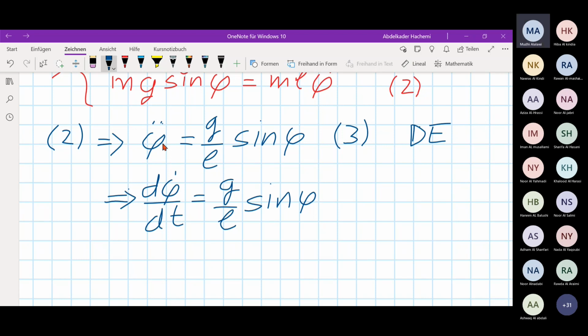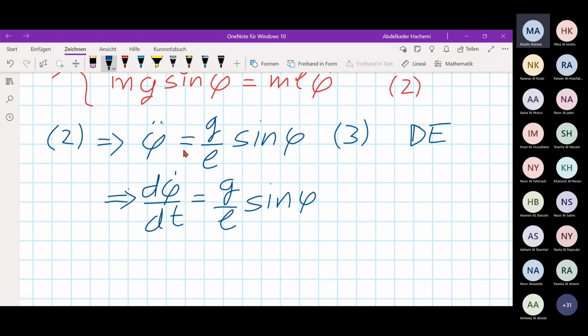Then what we know from the initial conditions is that we start at the position phi0, which is pi divided by 6, at 30 degrees, and from rest. This is the position at t equal to 0, the rest position, which means phi dot, the angular velocity, is equal to 0.